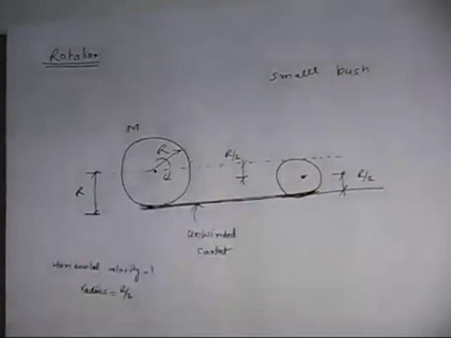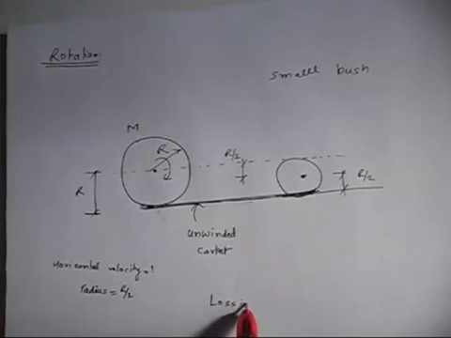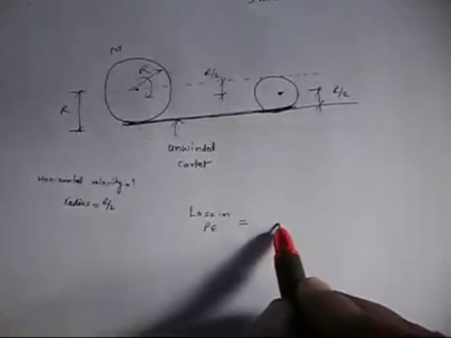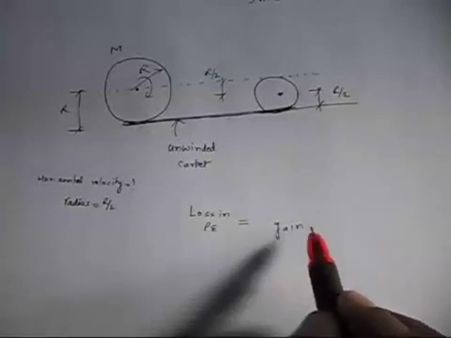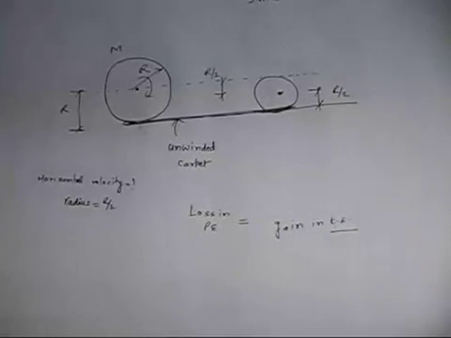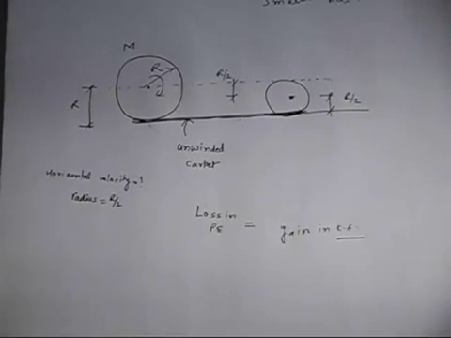So there is a loss in potential energy, and that's why there is a gain in kinetic energy. The main point is loss in potential energy of the carpet equals gain in kinetic energy. So we have to find the loss in potential energy and equate it to the gain in kinetic energy.